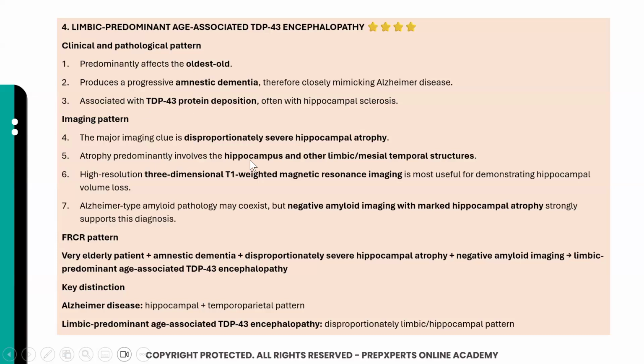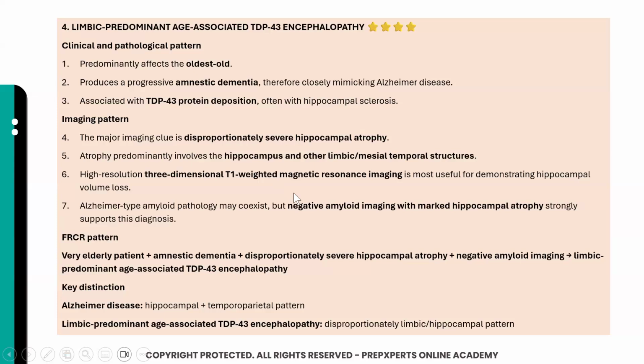Imaging clue is disproportionately severe hippocampal atrophy, and it predominantly involves the hippocampus and other limbic or mesial temporal structures. High resolution 3-dimensional T1 weighted MRI is most useful for demonstrating hippocampal volume loss. Alzheimer type amyloid pathology may exist, but negative amyloid imaging with hippocampal atrophy strongly supports its diagnosis.